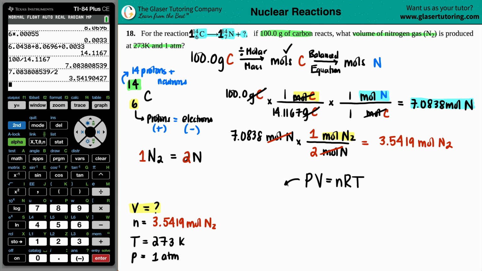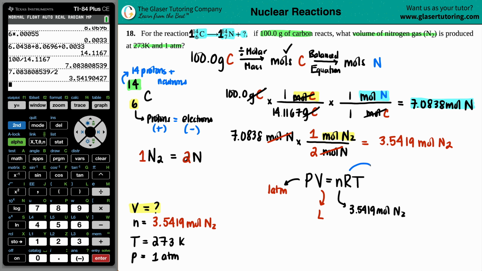Because I have my pressure, 1 atm, and it's in the correct unit. If I'm searching for the volume, which is what I'm searching for here, the volume has to be in liters. The n value is the moles, and we have that, 3.5419 moles of N2.